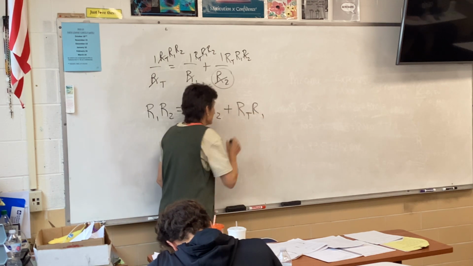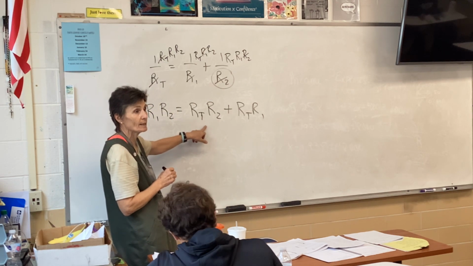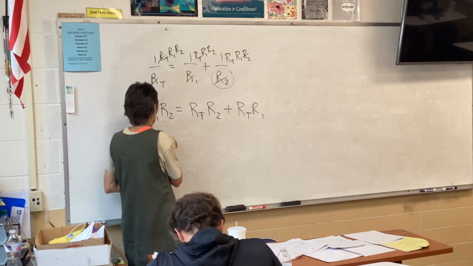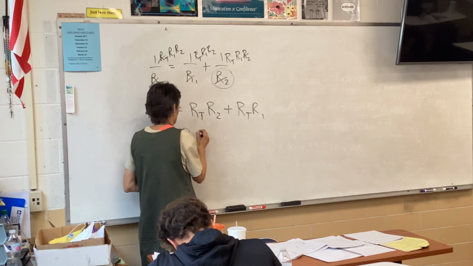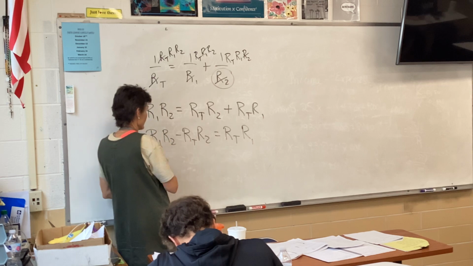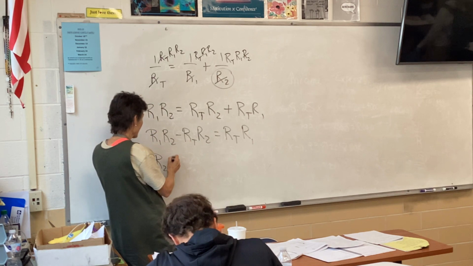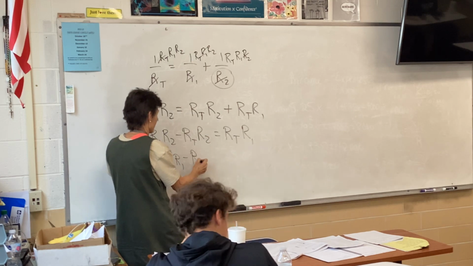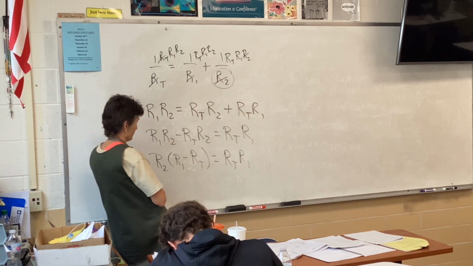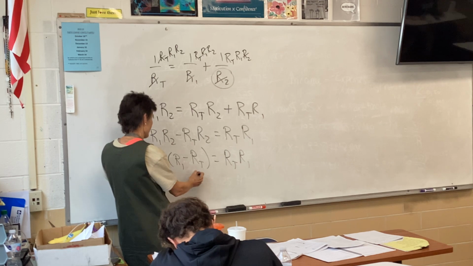We can do this. Now we're trying to solve for r sub 2. So maybe what we need to do is get them together. So subtract this guy over to the other side. Now, since they are together, we can factor out. And then we can divide.